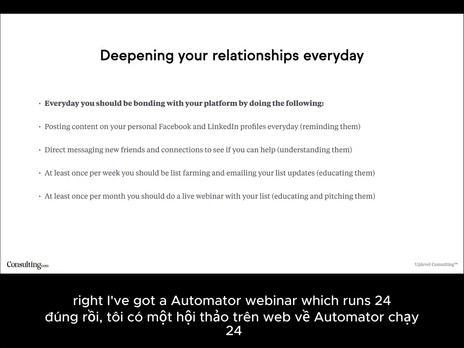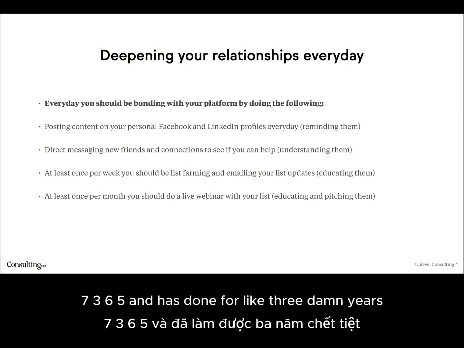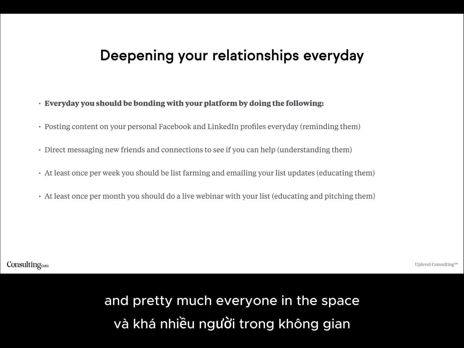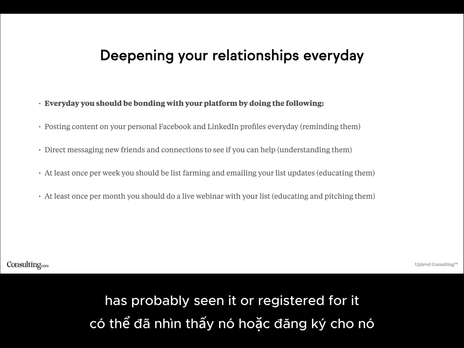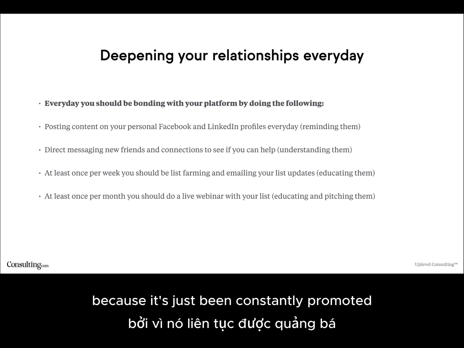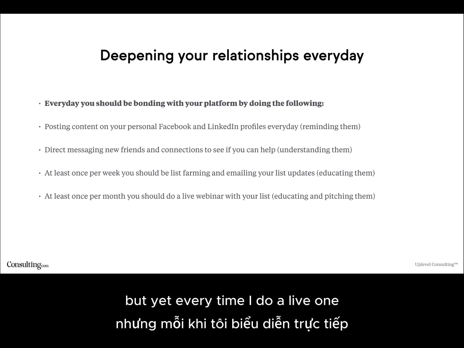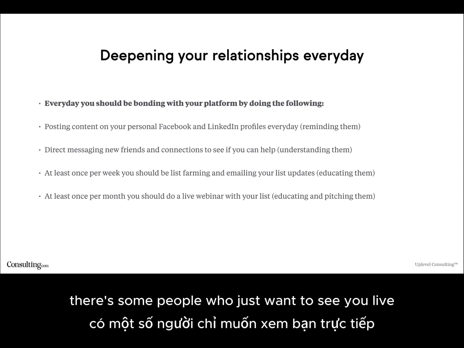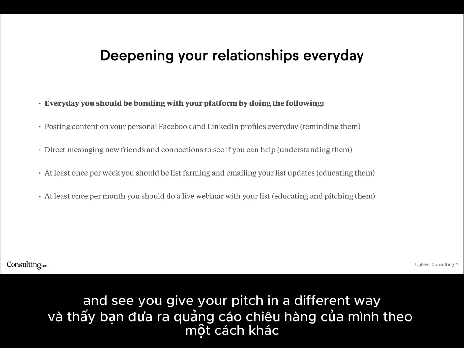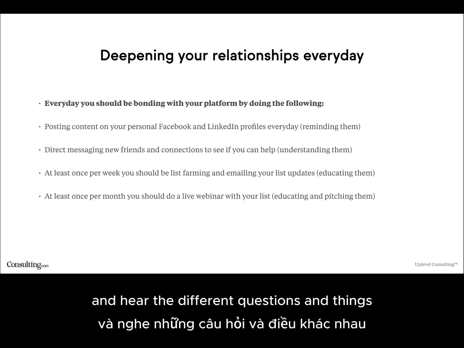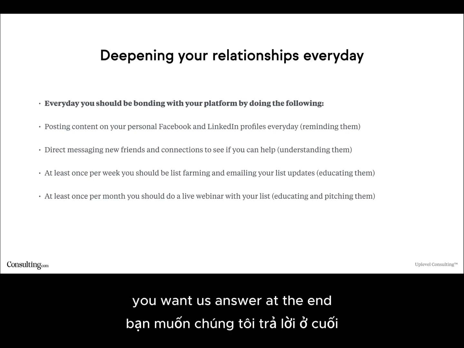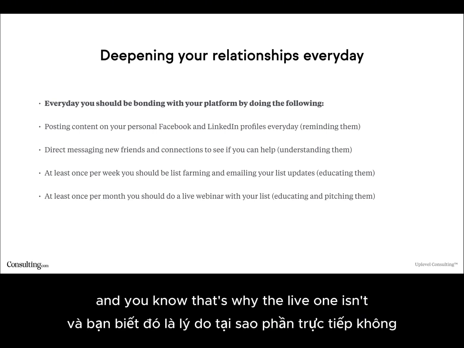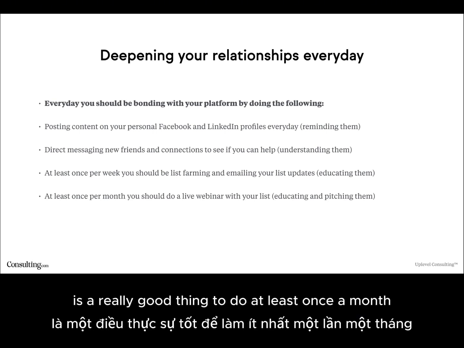I've got an automated webinar which has run 24/7, 365 for like 3 years, and pretty much everyone in this space has probably seen it or registered for it because it's been constantly promoted. Yet every time I do a live one, it works, because some people just want to see you live, see you give your pitch in a different way, and hear the different questions you answer at the end. That's why a live one is a really good thing to do at least once a month.